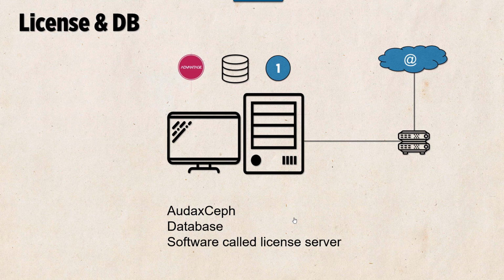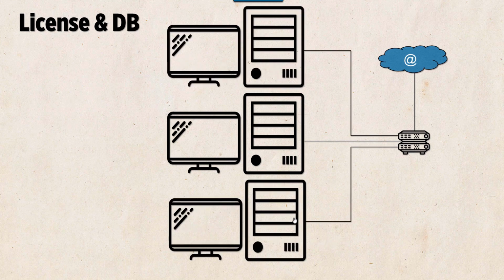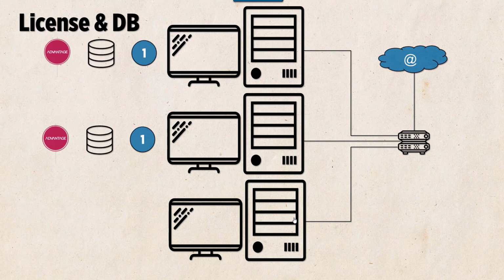But what to do if your computer system is a bit complicated? For example, if you have 3 computers in the network and want to run AudaxCeph on all of them, we have good news for you. Just install AudaxCeph on all 3 computers.